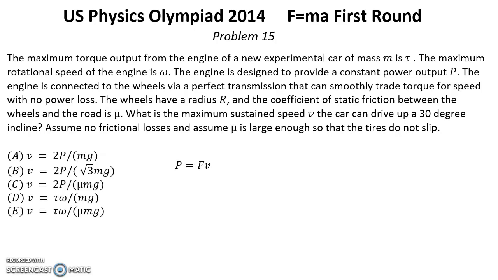It means that the car must produce force F equal mg multiplied by sine 30 degrees. And from this formula we can find what is the speed. The speed will be 2P over mg, which is answer A.